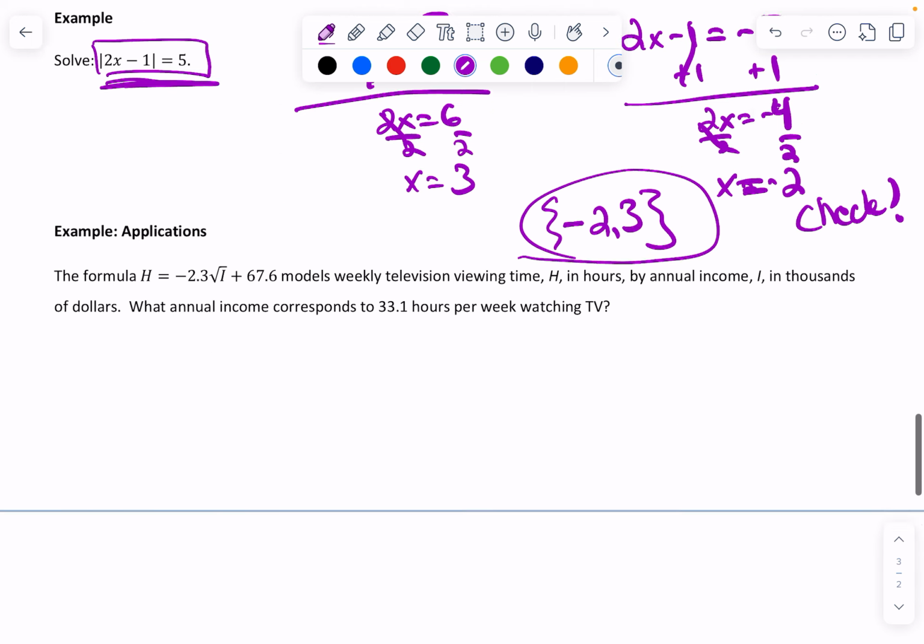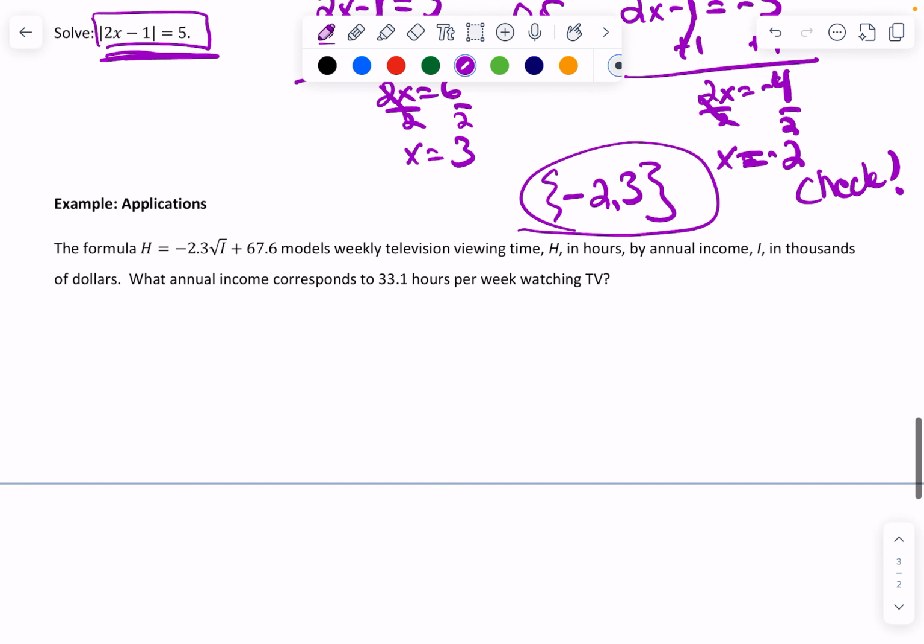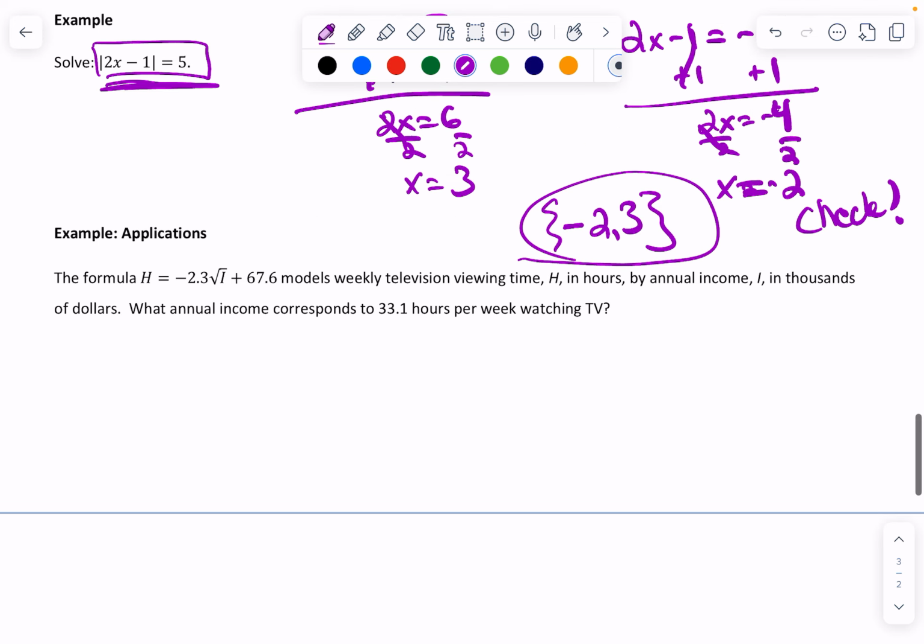Okay, we've got one more example. So we've got an application here. We have the formula H equals -2.3 square root of I plus 67.6, which models weekly television viewing time H in hours by annual income I in thousands of dollars.